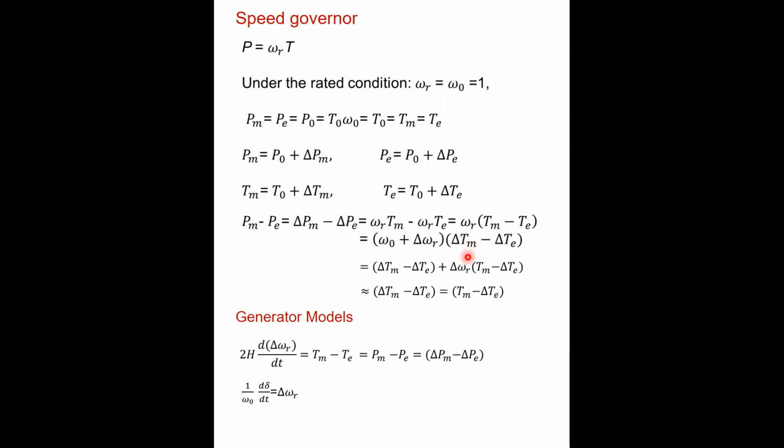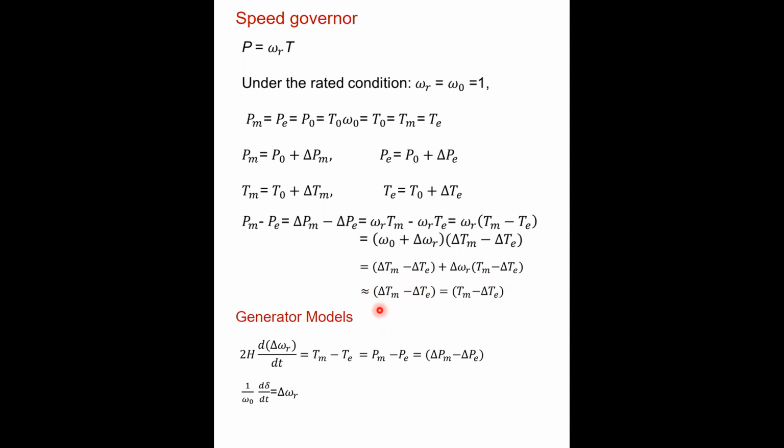It is this one. Then we can write in this way, and we do some manipulation here. So approximately we can write in this way. So the change in the power, basically, will be this one here.